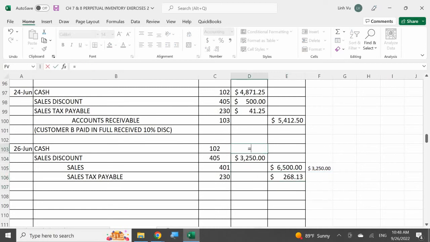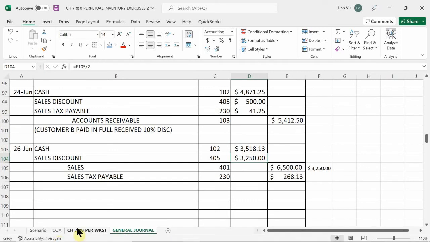So how much cash am I actually going to be receiving from the sales? $3,518.13. Good. That's what I'm going to be receiving.